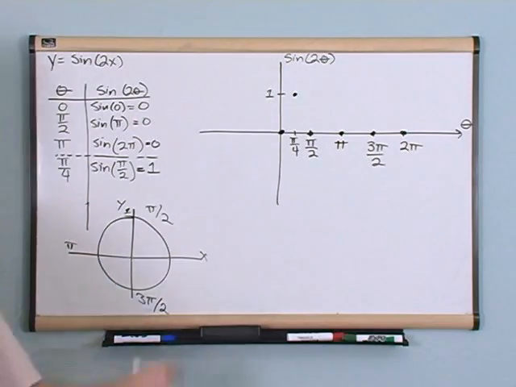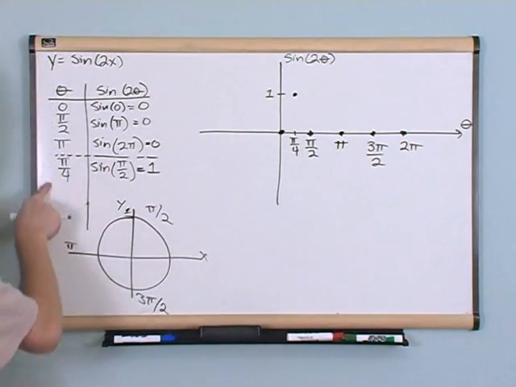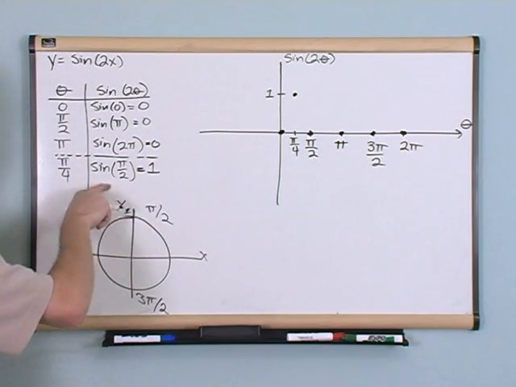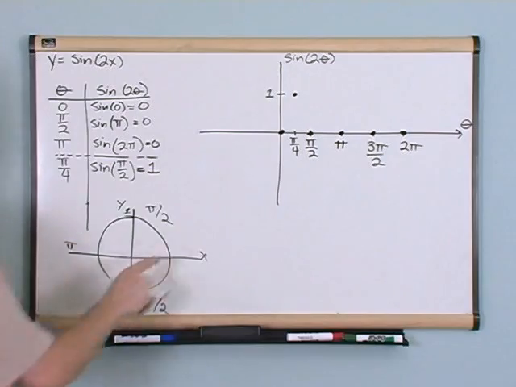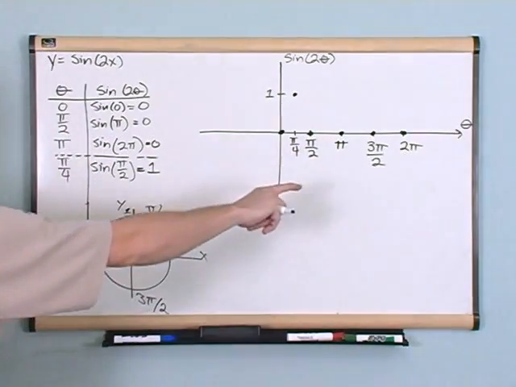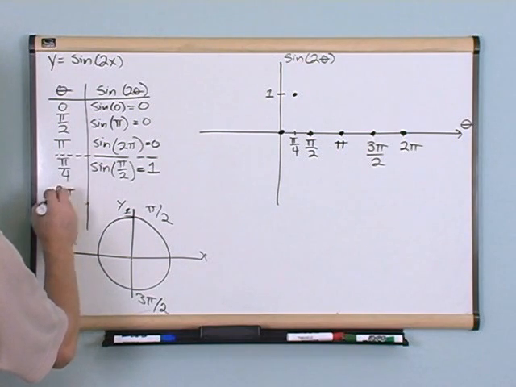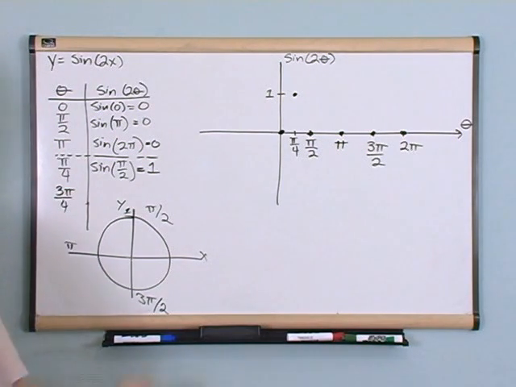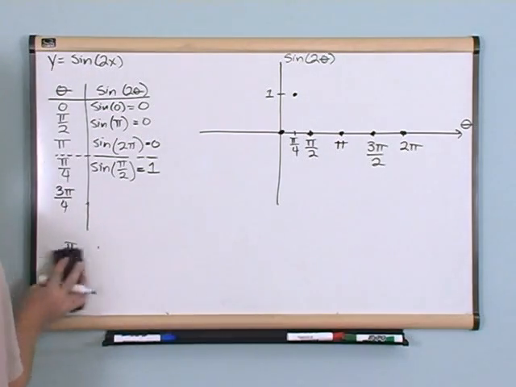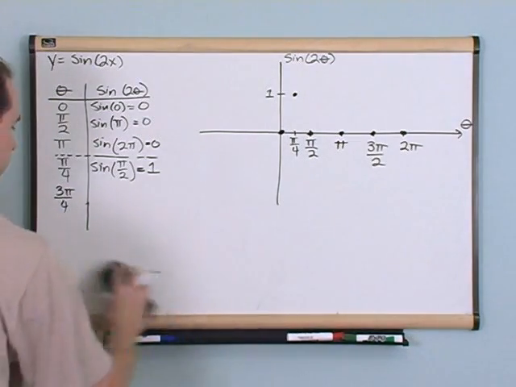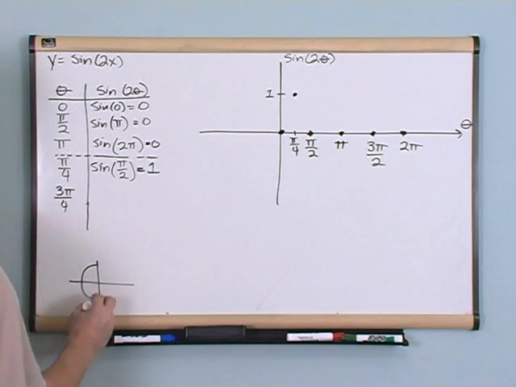Notice that when I plot it, what I need to plot on the theta axis is this number here, but what I'm actually evaluating is something slightly different because I've got a multiplier in here. To get between this guy and this guy, 3 pi over 4 will be a number to put in there. Okay, let me get rid of this, make some room. We can draw another little unit circle down here.